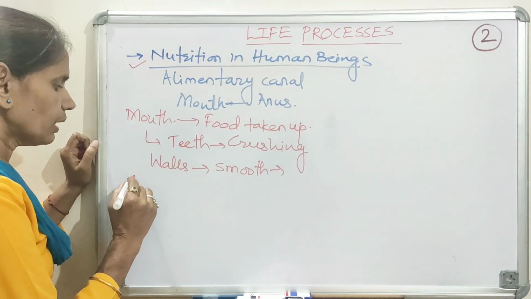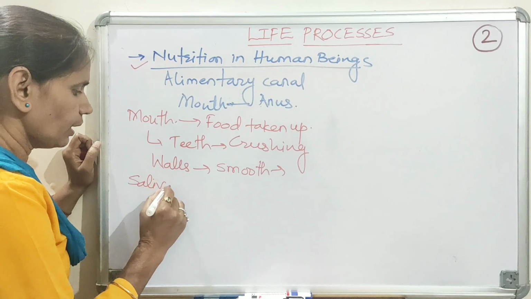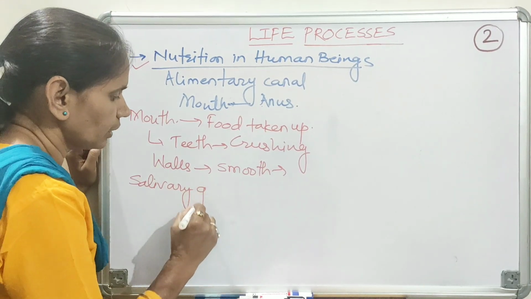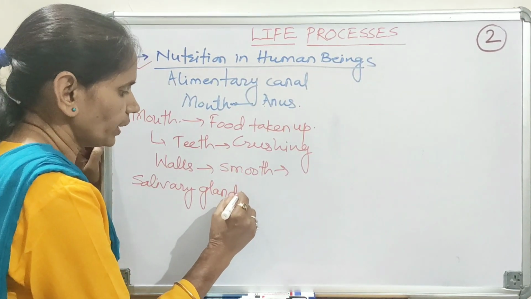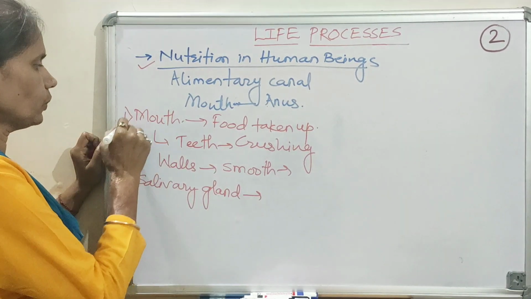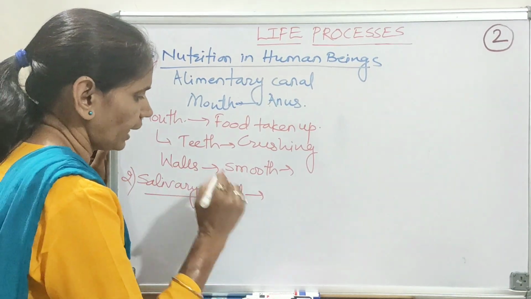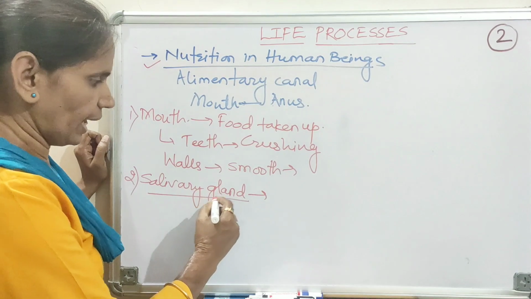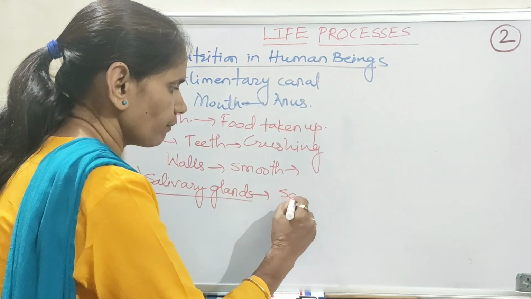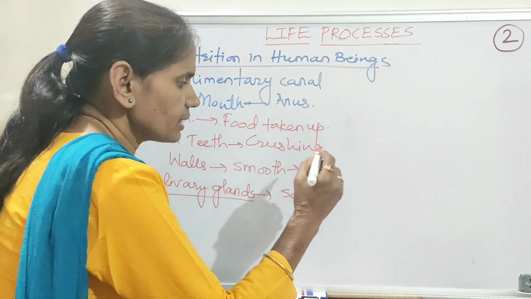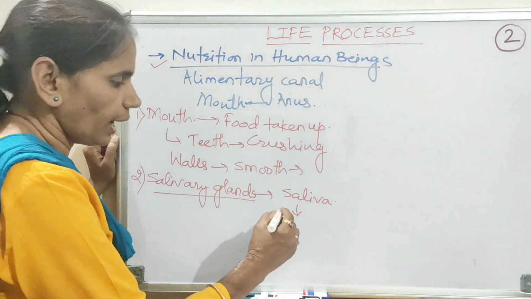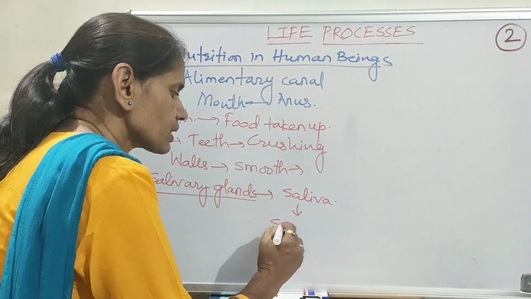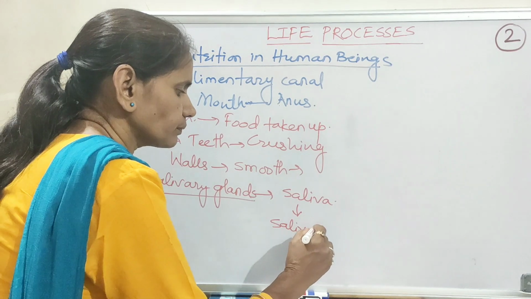Then come the salivary glands. The next important component involved in nutrition is the salivary glands. These salivary glands secrete saliva, and this saliva contains salivary amylase.